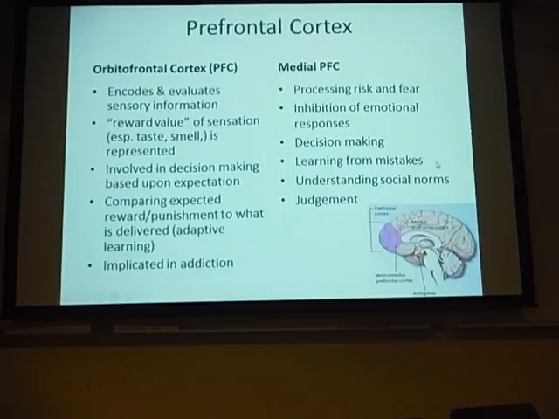Other things that the medial prefrontal cortex is important for are things like learning from mistakes. So I think your book has an example of card sorting or different card games that they would do with people. And one of them also had to do with risk, but it had 4 decks of cards, and they started playing with the first deck.